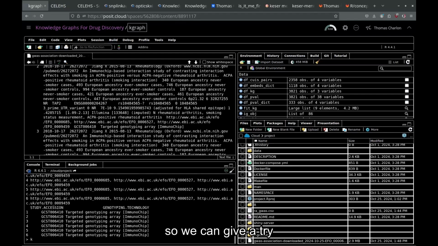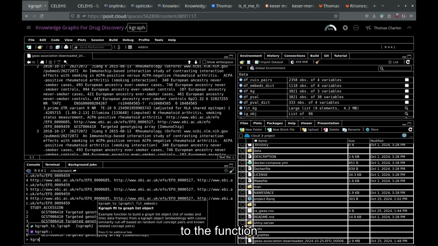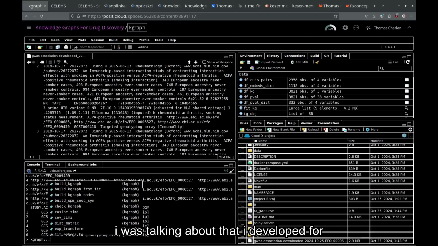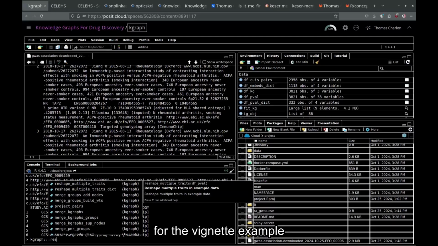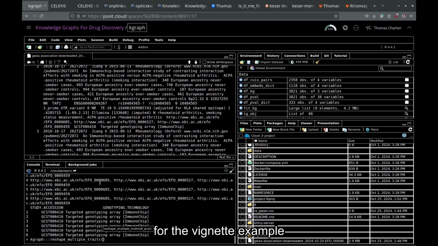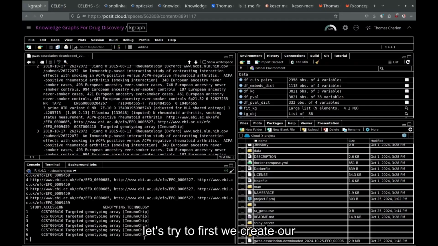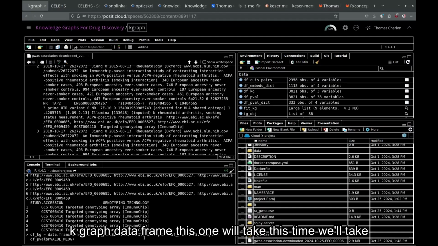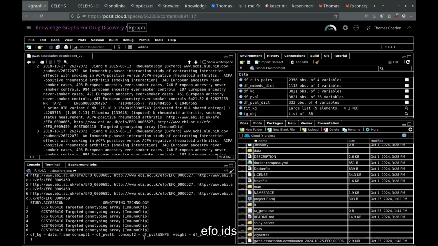So we can give a try to the function I was talking about that I developed for the vignette example. Let's try to first recreate our kgraph data frame. This time we'll take the EFO IDs.